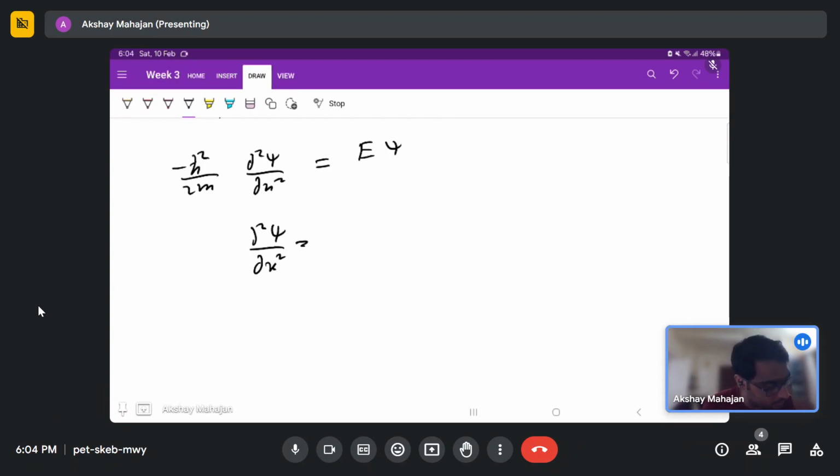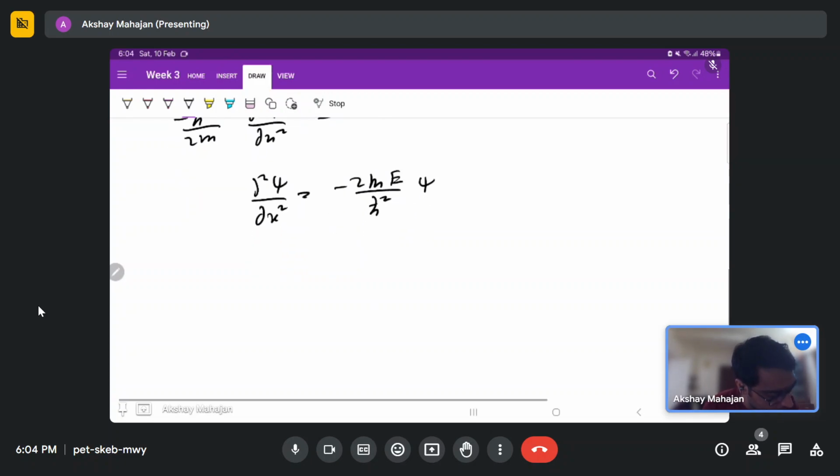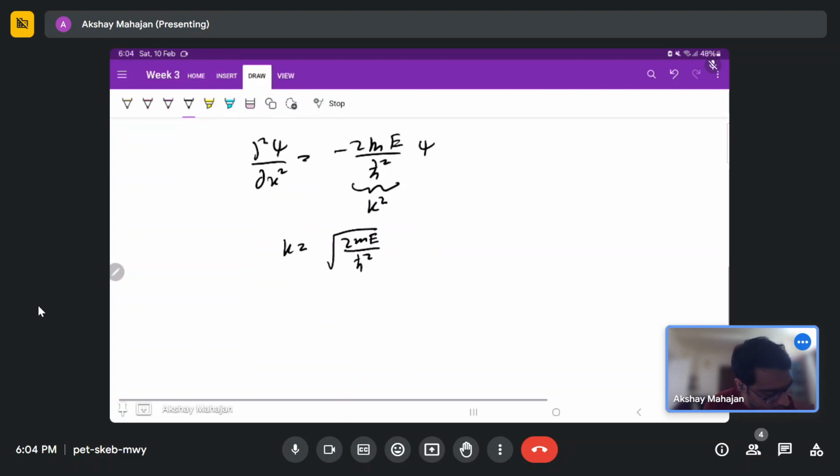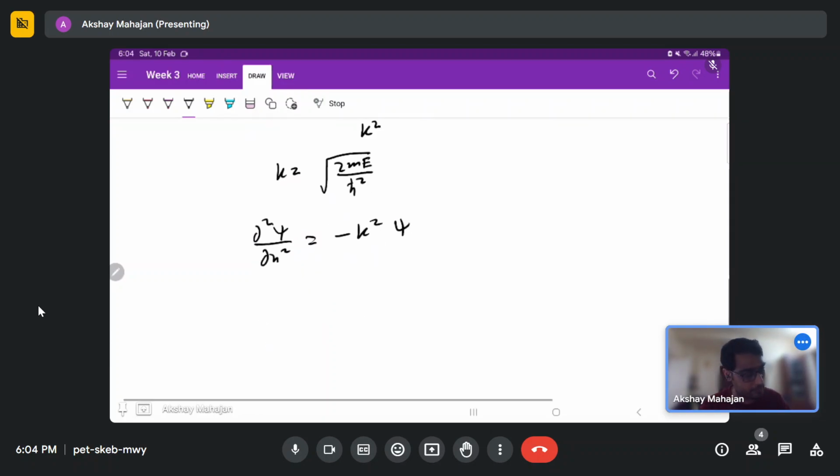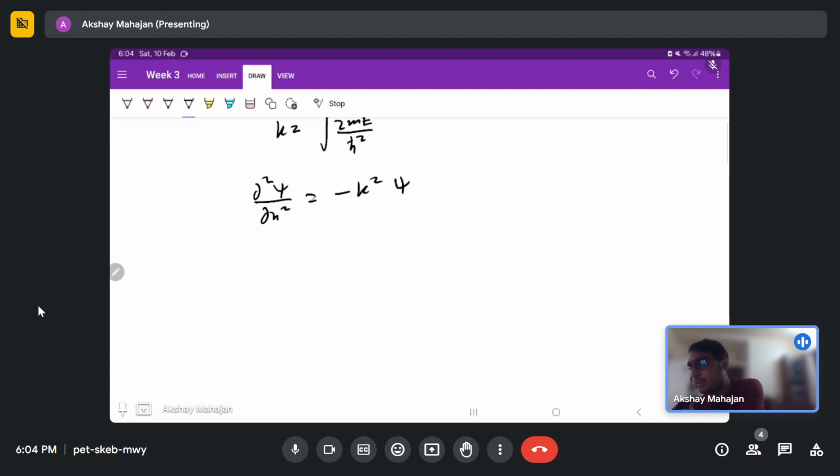I can write this as del squared psi by del x squared equals minus 2mE by h bar squared psi, and we take this as k squared. So k equals the square root of 2mE by h bar squared. So del squared psi by del x squared equals minus k squared psi.